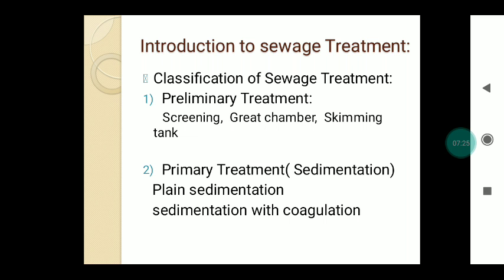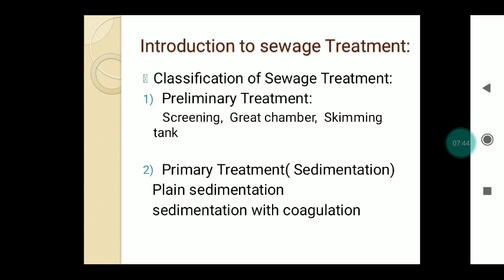In plain sedimentation, the organic matter or heavy matter gets settled down at the bottom of the settling tank due to its heavy weight and under the action of gravity. The second one is sedimentation with coagulation.